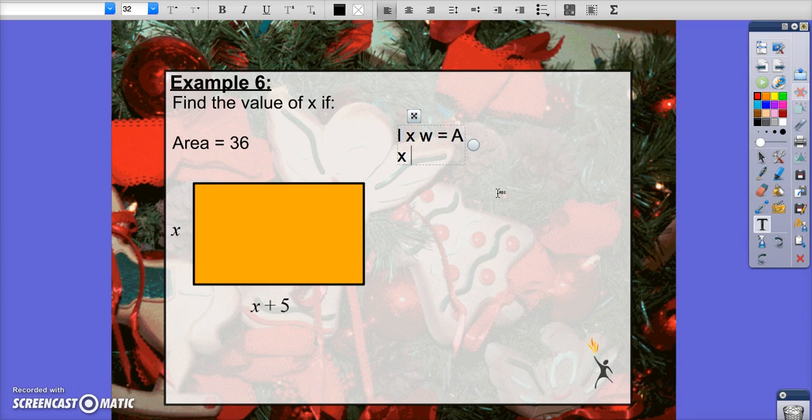It doesn't matter which one's which, but we're going to multiply them together, and we're going to distribute and bring everything over to the left and factor.